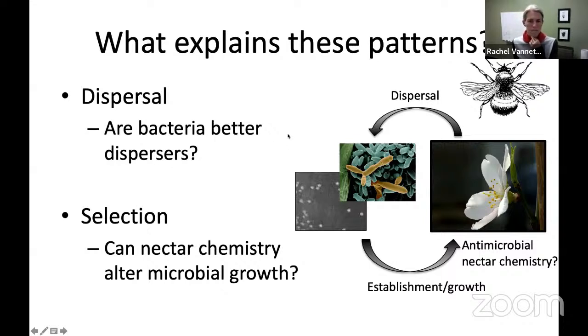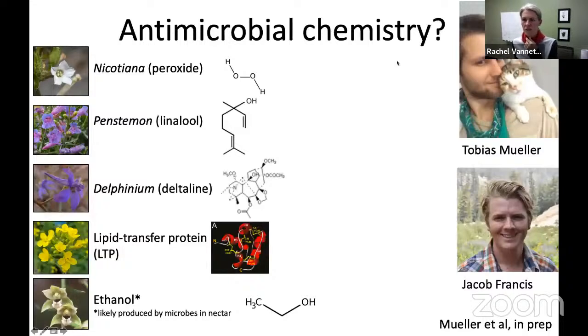We could also take a look at this selection hypothesis. Do common components in nectar chemistry differentially affect fungi or bacteria, or different strains of them? To test this hypothesis, we also conducted a lab experiment where we took different nectar chemicals that are frequently found in floral nectar and have been implicated in reducing microbial growth.